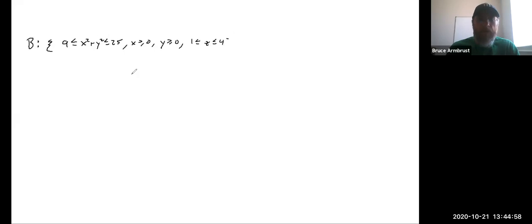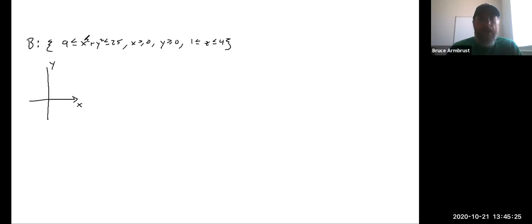All right, so I want to draw this first. Let's draw this picture first, and then we'll worry about doing the integral. So first of all, if we look in the xy plane, we've got x greater than or equal to 0 and y greater than or equal to 0, so we're in the first quadrant.